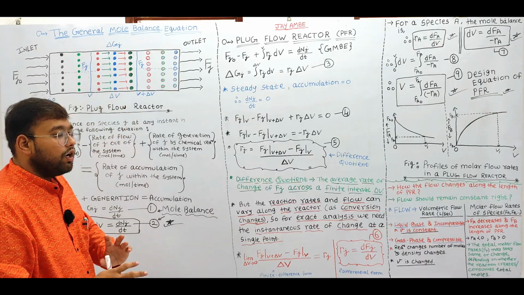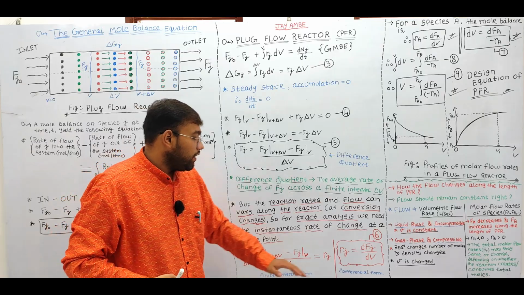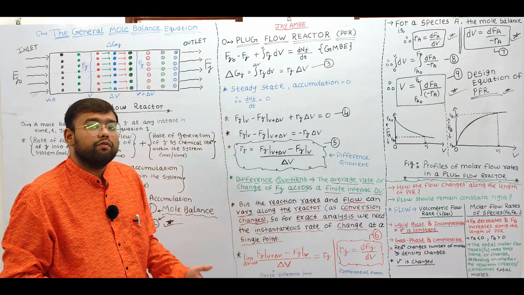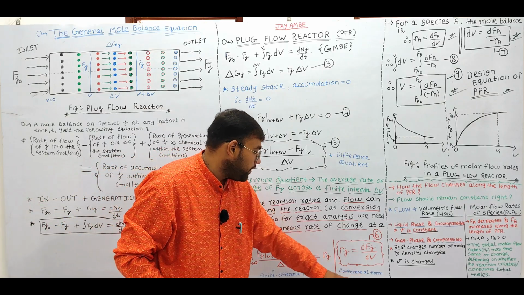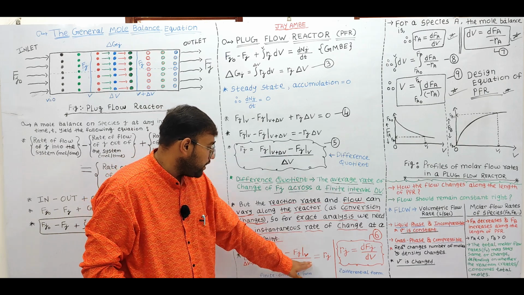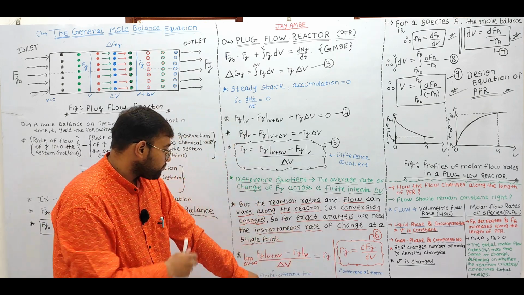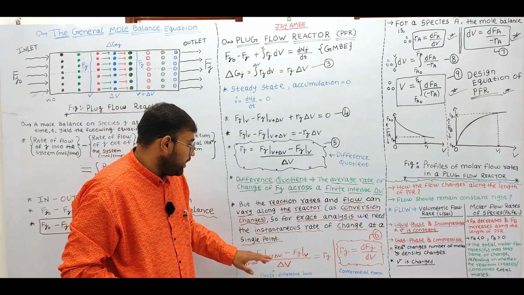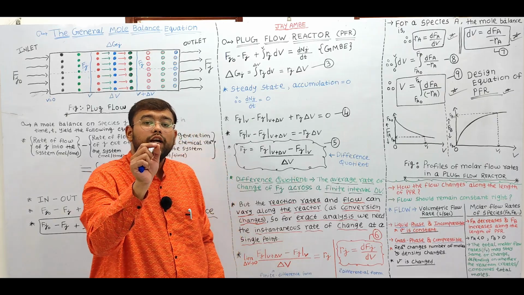So we are trying to switch from the finite difference form to the differential form. So we can write the entire equation 5 as equation 6: Rj is equal to dFj by dV, the change in molar flow rates with respect to the infinitely small volume.